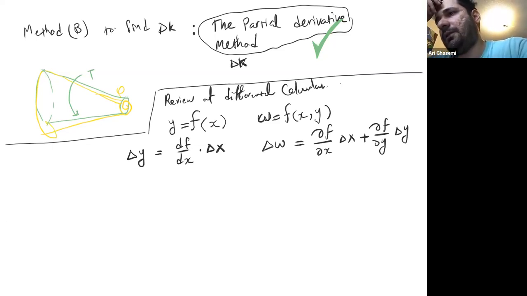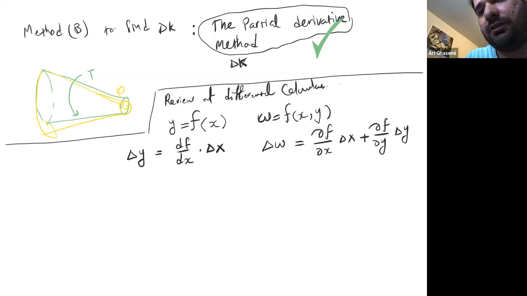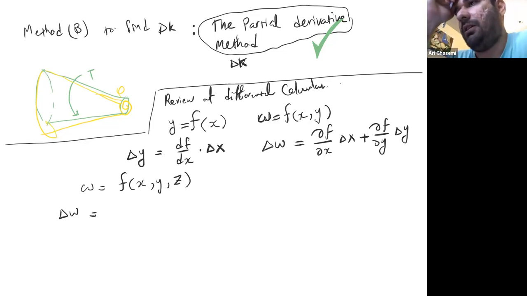That is the formula. Now let's say w is a function of three variables, x, y, z. Now what should I write for delta w? Just look at the previous formulas and consistently extend them to three variables.